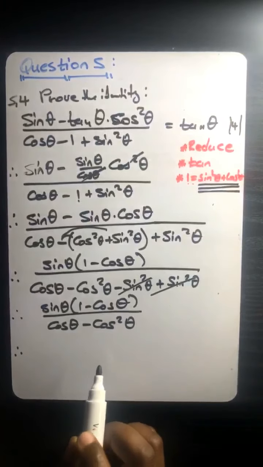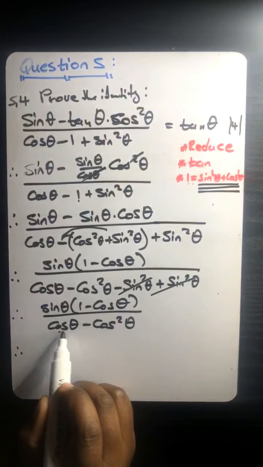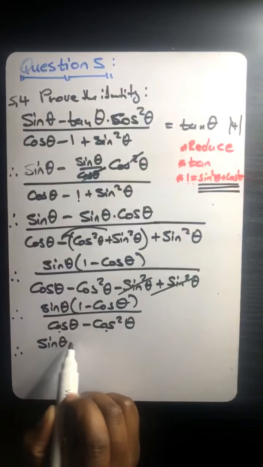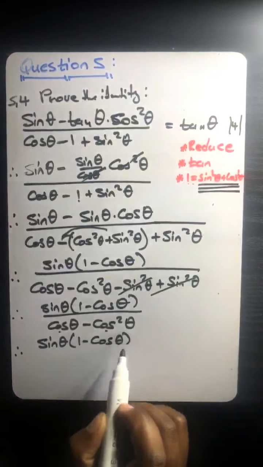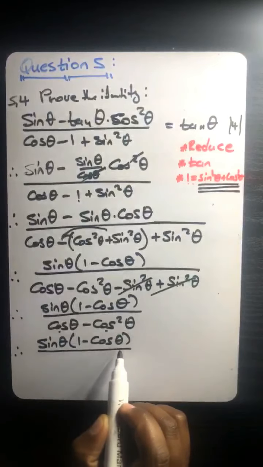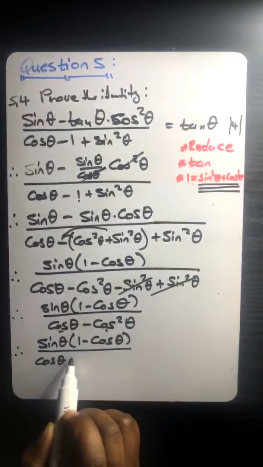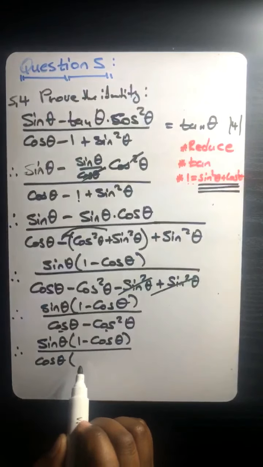So next step, it seems like we can take out a common factor there. Can we not take out cos theta as a common factor?